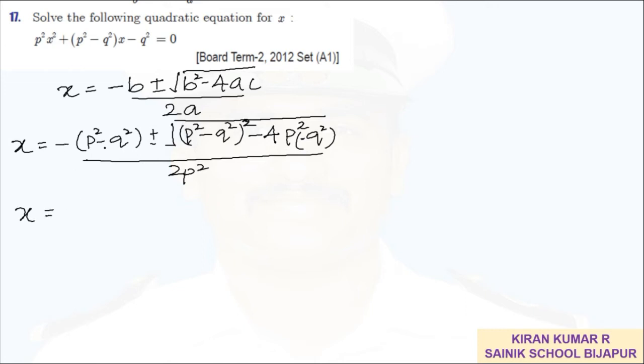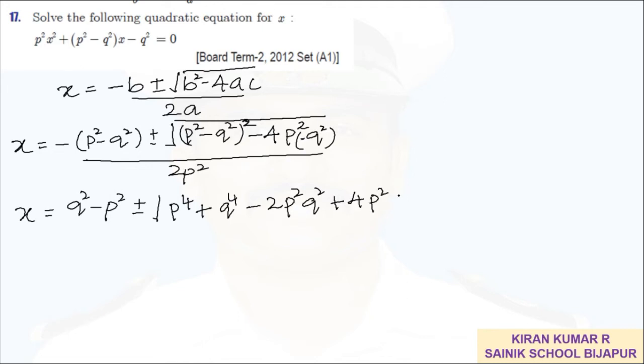This negative, when you multiply, we will be getting positive q square minus p square, plus or minus root of, now see, it is p raised to the power 4 plus q raised to the power 4 minus 2 times p square q square, minus of minus is plus 4 times p square q square, divided by 2p square.